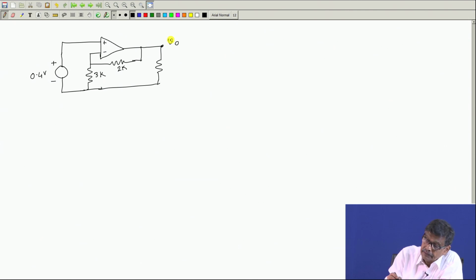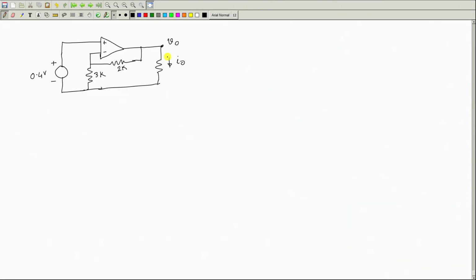Okay. Now, how to calculate V naught in this circuit, and suppose some I naught will be flowing in the resistance connected. Now, if this is the output signal, is there a negative feedback? Yes. See, this time it has been drawn like this, but you should not be under the impression that it is a positive feedback.